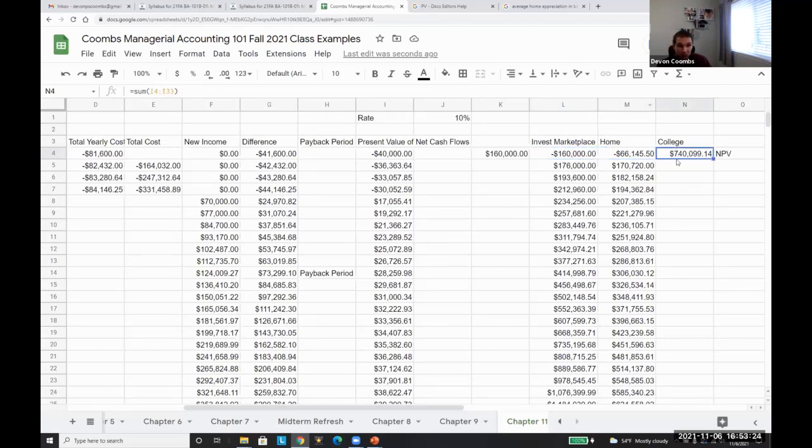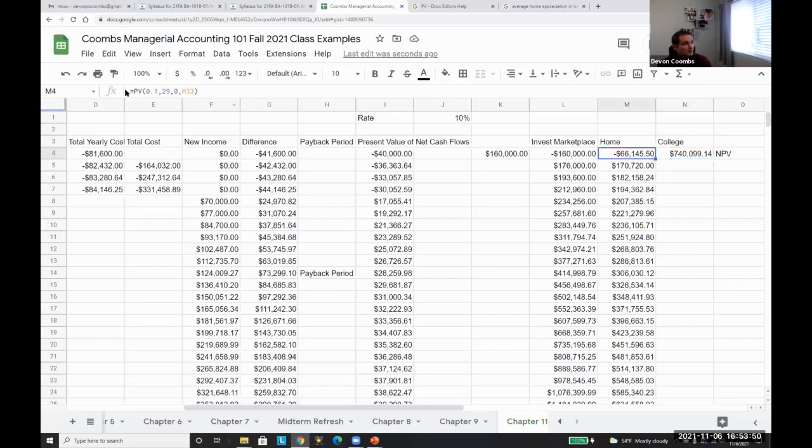So if we're going to make a decision, we'd obviously choose the college, right? If these were completely negative, we would never make these decisions and we'd only pay for the college. We'd never make a decision that's less than 10%. So in theory, you would never buy a Bay Area home, right? Because you could always invest in the marketplace.